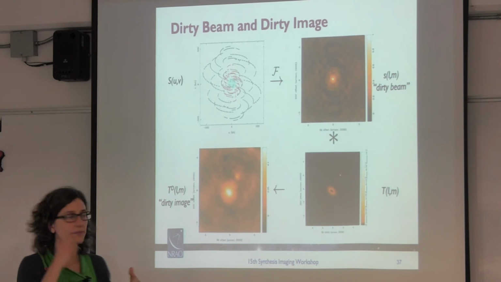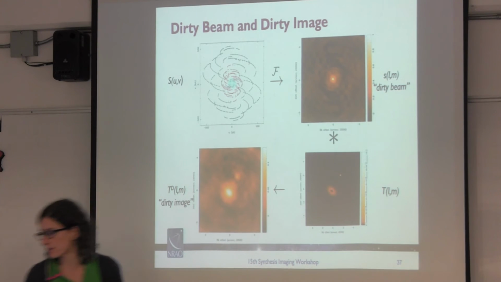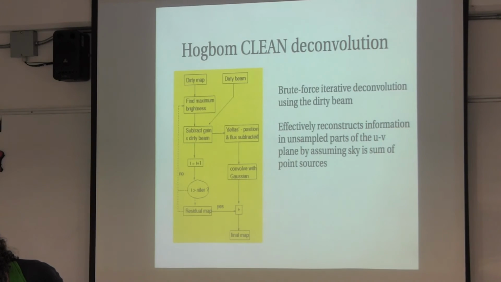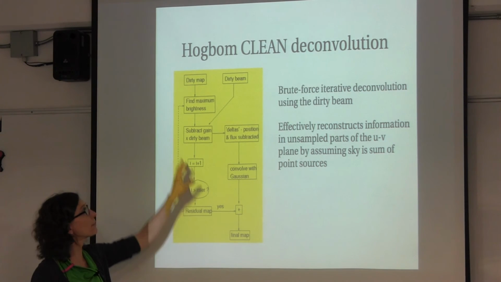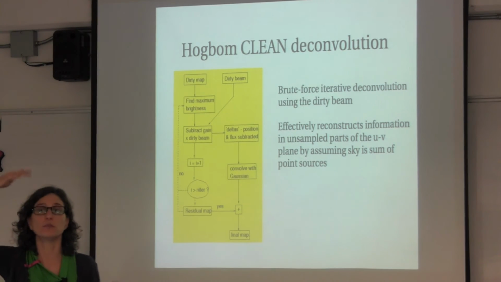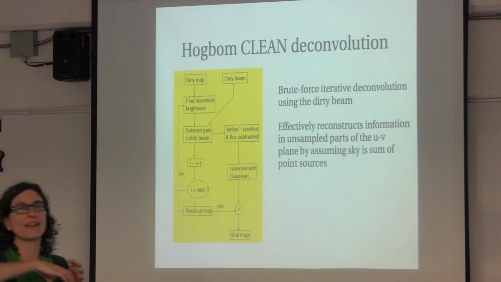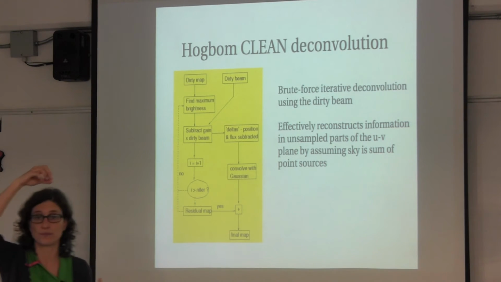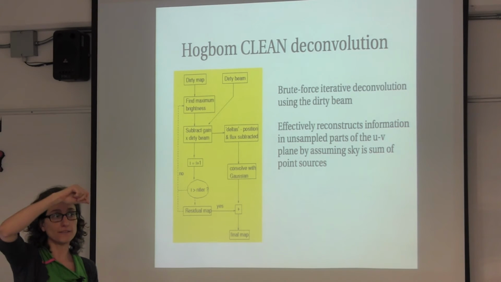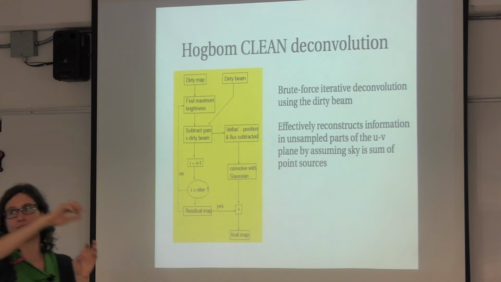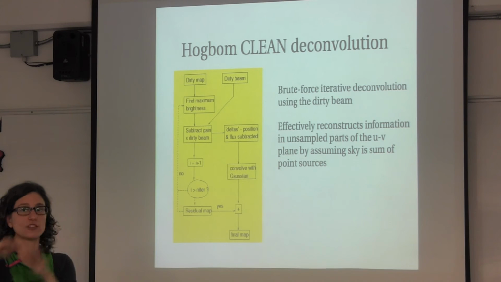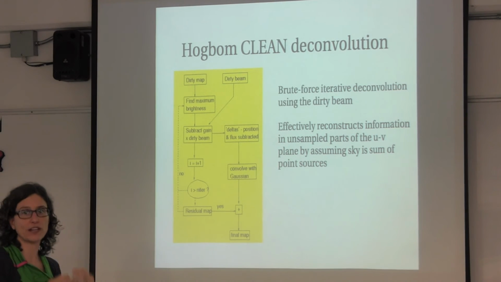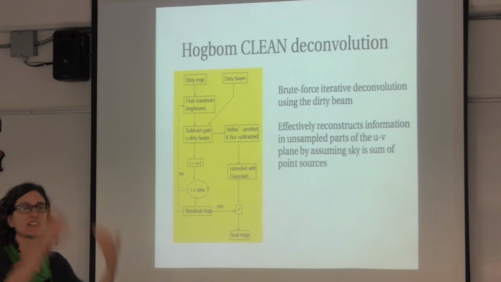The way it works is that it goes to the dirty map and finds the maximum. Then it assumes this maximum is a point source. I get this component, subtract it from my image, and then start again.